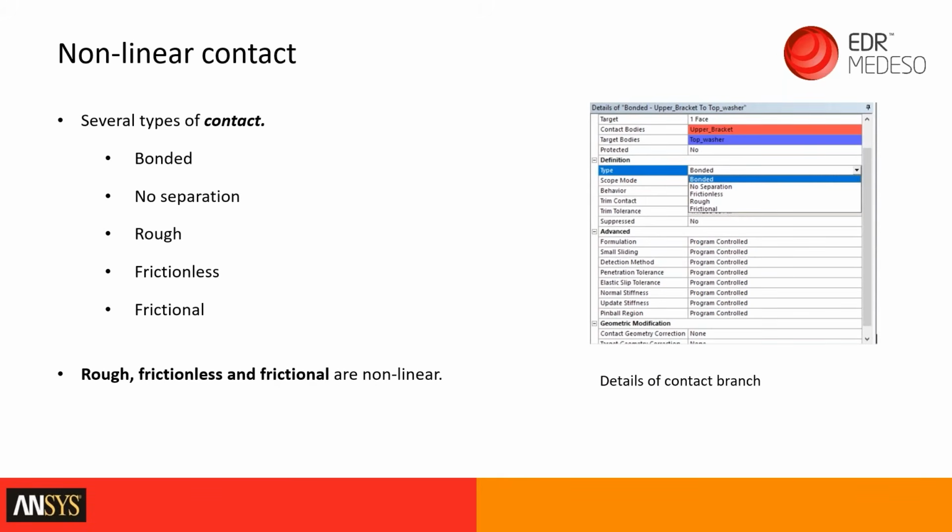In Ansys, there are 5 types of contact. When you bring in some geometry, as we saw with the bracket, Ansys automatically creates contact pairs between coincident surfaces from different components, or surfaces within a given tolerance from different components. And it always applies bonded contact to those surfaces.